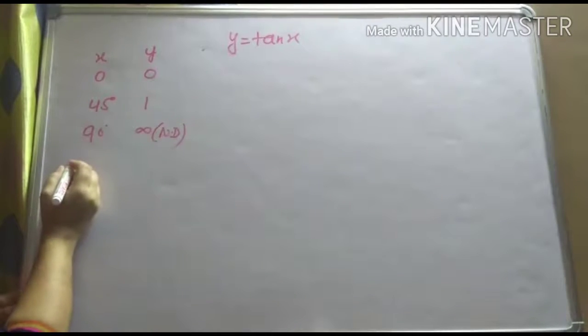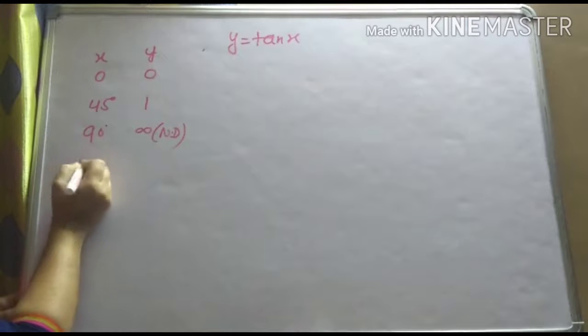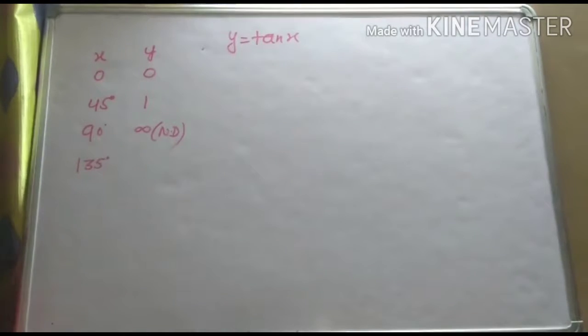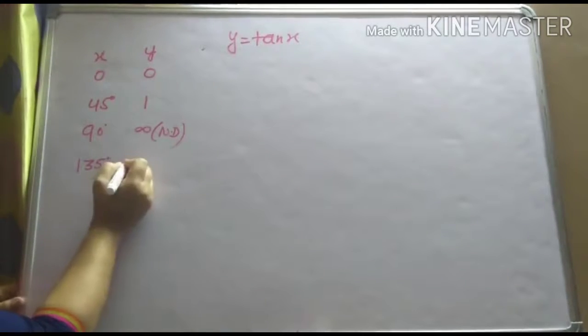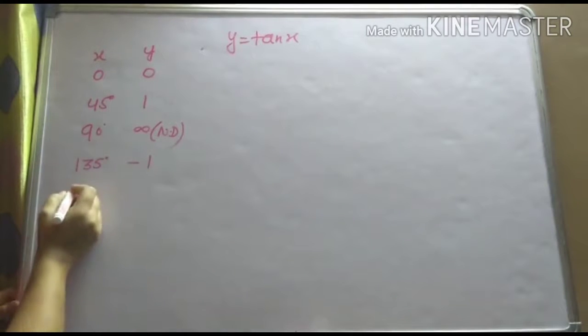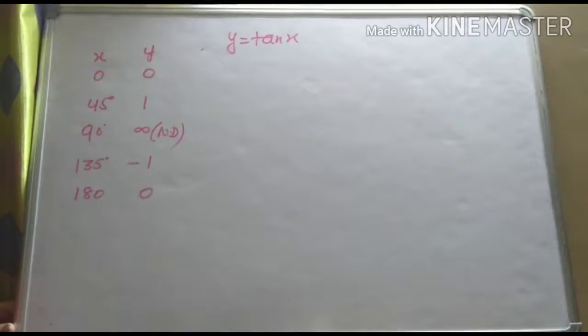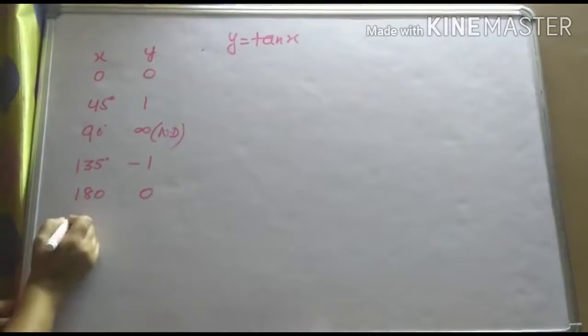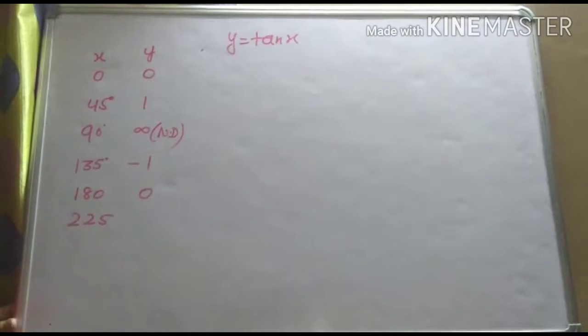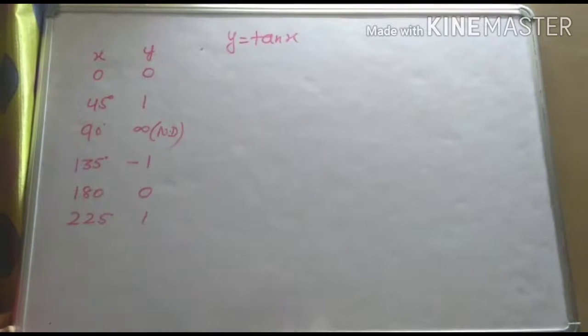Then if we have tangent 135, then it is minus 1. If we have tangent 180, that is 0. If we have 225, then tangent 225 is 1.